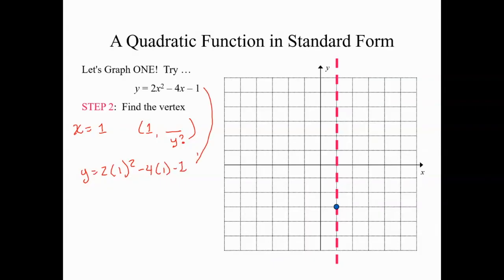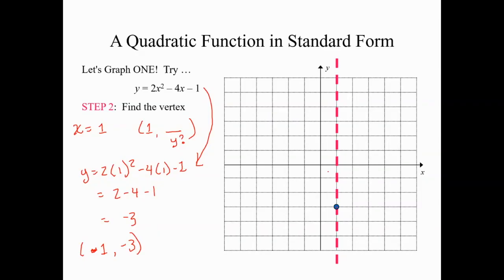Again, this is my original quadratic function, and I'm subbing in the x value that I found. So we get 2 minus 4 minus 1, which gives me 2 minus 4 is negative 2, so negative 3. So my vertex is at 1 and negative 3. You can see I've drawn it here. At 1 and negative 3, this is my vertex.